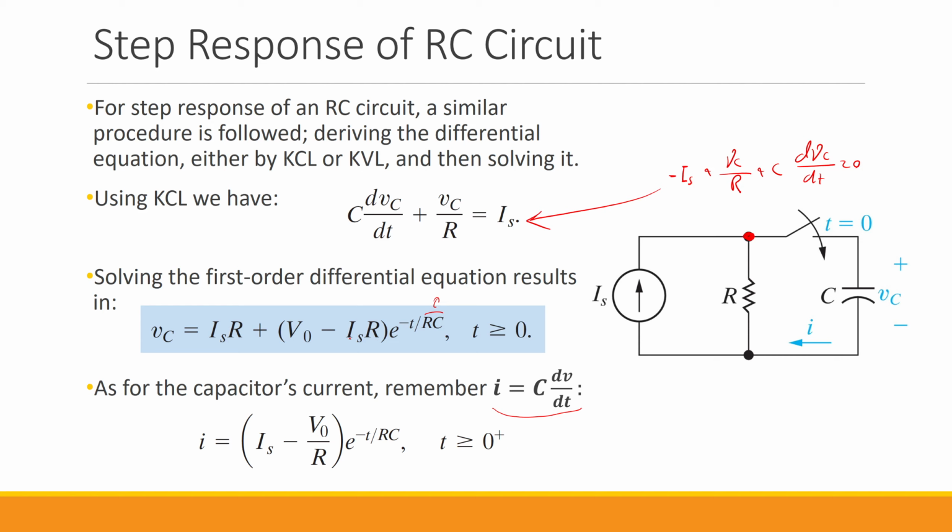So if you take the derivative of this equation and then you do some algebraic manipulation, I equals IS minus V0 over R multiplied by e to the negative t over RC for any time greater than 0. From this equation, you can realize that if t goes to infinity, this exponential term is almost 0, which makes the whole current that goes through the capacitor 0.